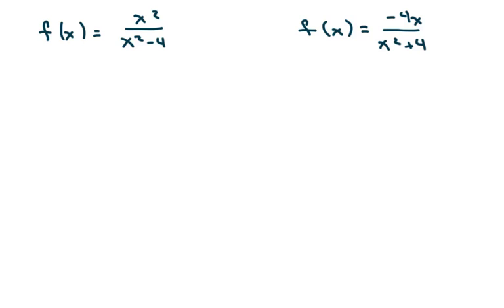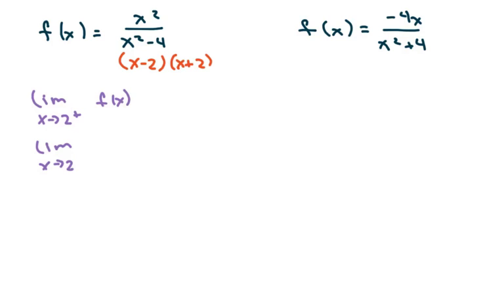Okay, the same thing here. We have x minus 2, x plus 2. So we're going to check the limits as x approaches 2 from the right of f of x, and the limit as x approaches 2 from the left of f of x.